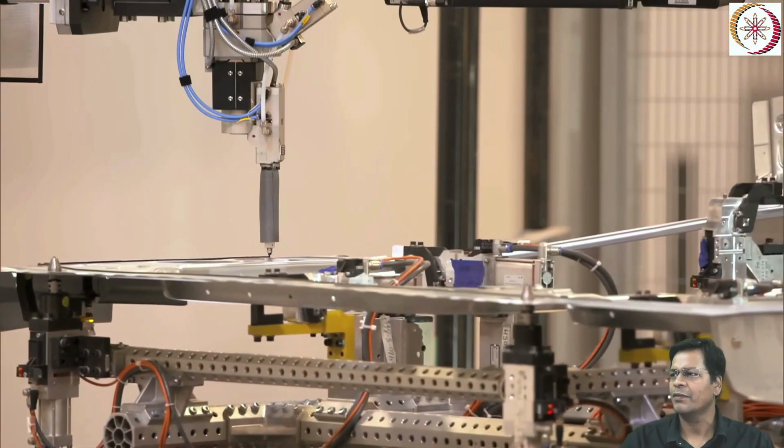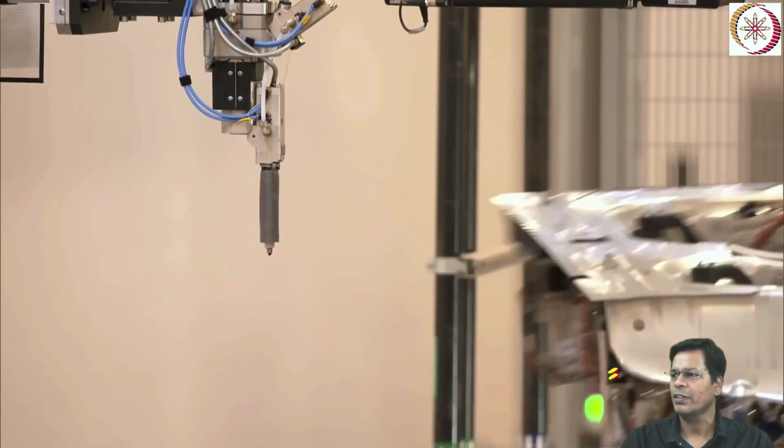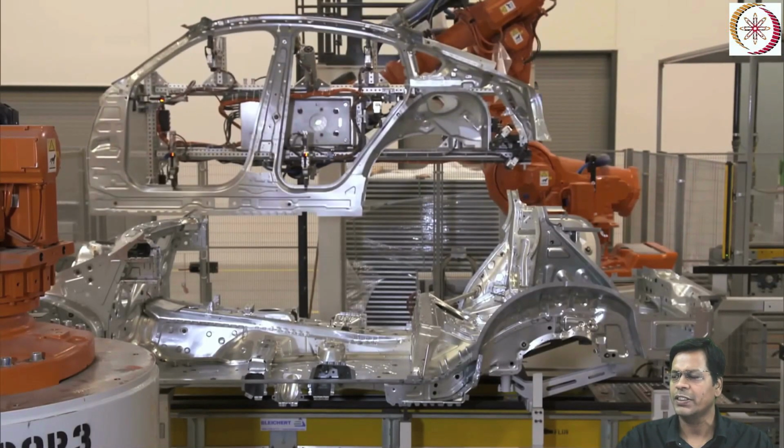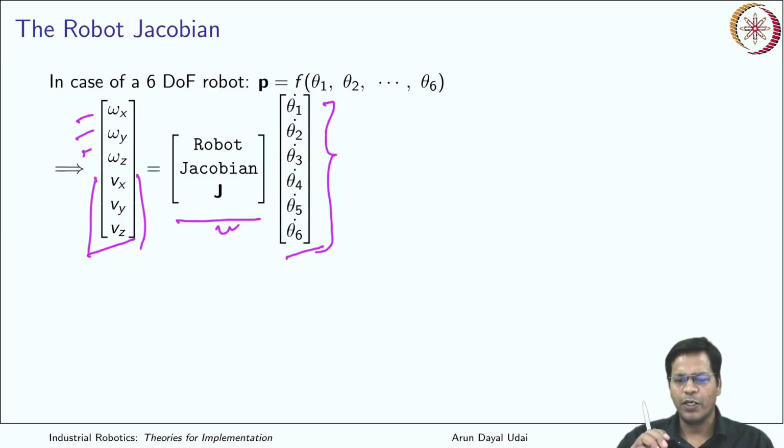Got it? It is quite uniformly moving along. So these are a few applications of a special kind, where a robot is required to move in a Cartesian workspace at uniform velocity.